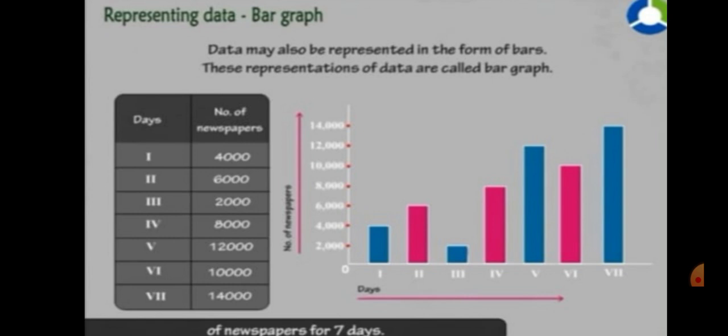So we will stop here. Day 1, 4,000, means we will draw the bar up to 4,000. Day 2, 6,000, day 3, 2,000, day 4, 8,000, day 5, 12,000, day 6, 10,000 and day 7, 14,000. In this way we can represent any given data in the form of a bar graph.